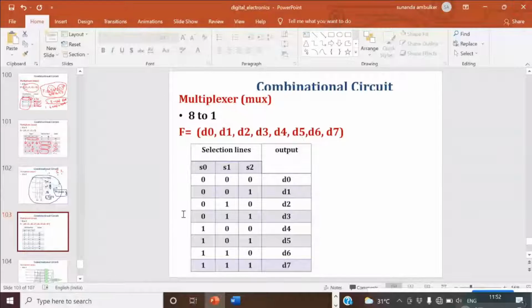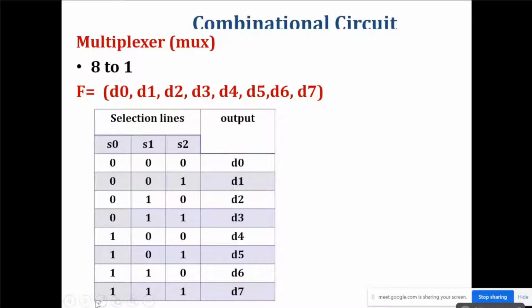So the Boolean expression, again same way, we'll try to find out. So the combinations are 0, 0, 0, 0, 0, 1, 0, 1, 0, 0, 1, 1, 1, 0, 0, 1, 0, 1 and up to 1, 1, 1. So if the selection lines values are 0, 0, 0, so the output will be D0.